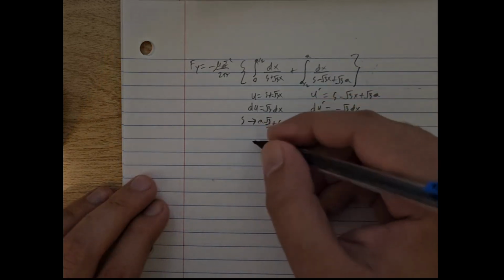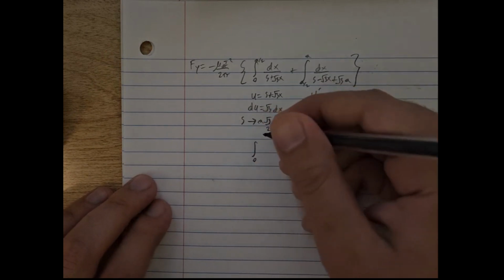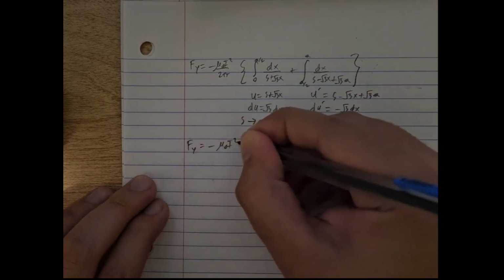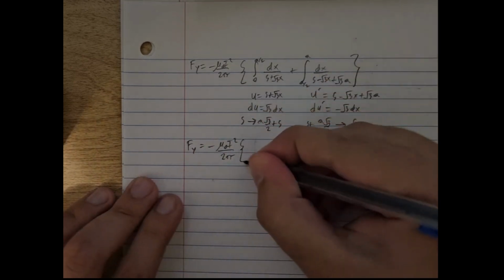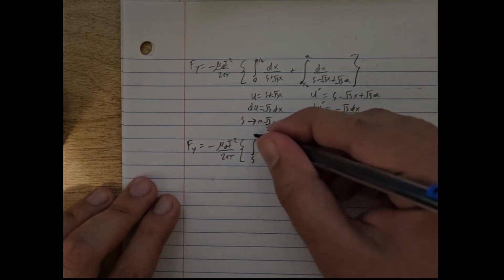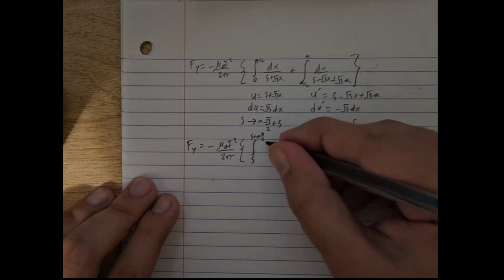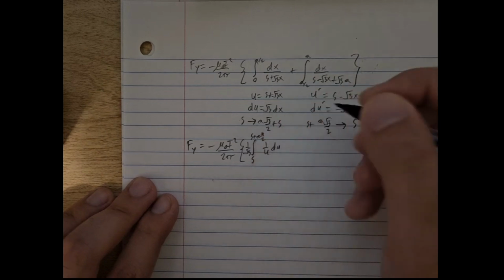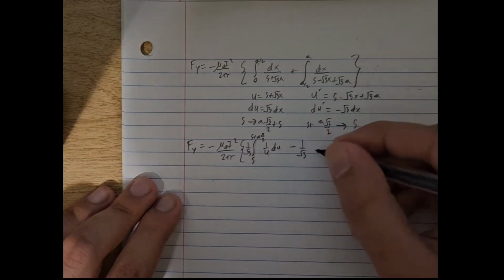Which means that we're going to get two integrals. One going from s to s plus a root 3 over 2, 1 over u du, with a 1 over root 3 in the front. And this is going to be minus 1 over root 3 in the front.